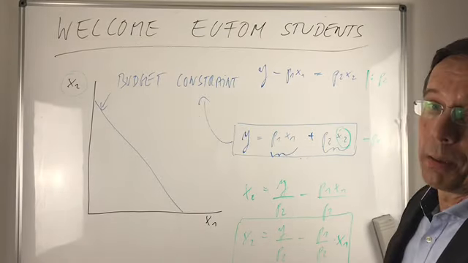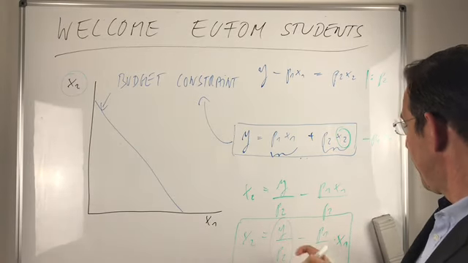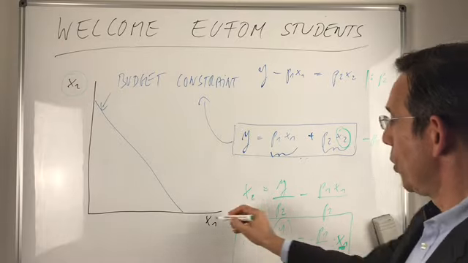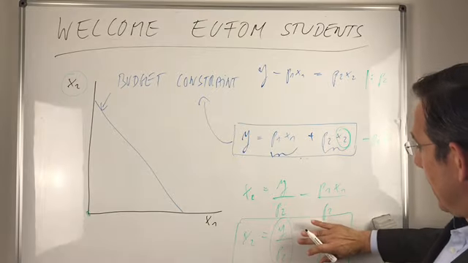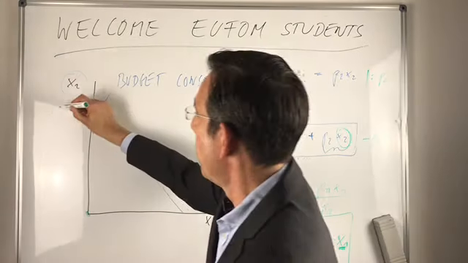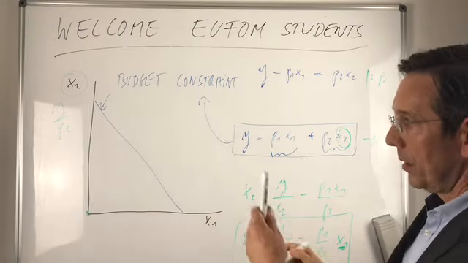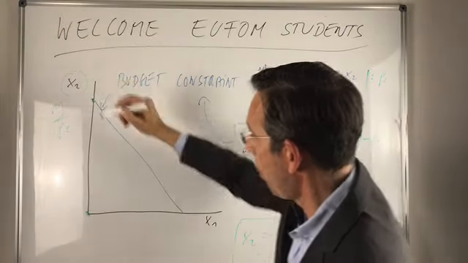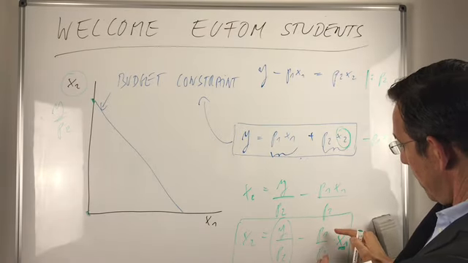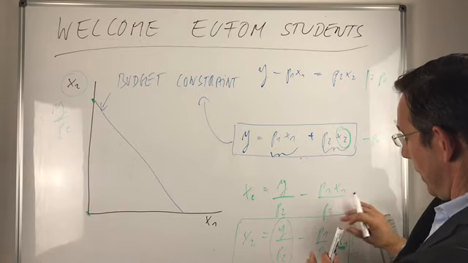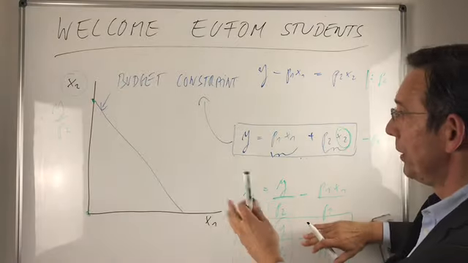And we see that if x1 would be 0, then this part disappears and we end up with y over P2 on the vertical axis, where this is this point, right? x1 is 0, 0 multiplied with P1 over P2 gives 0, this disappears, and we have only y over P2 on the vertical axis, right?